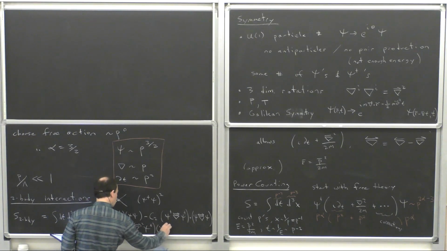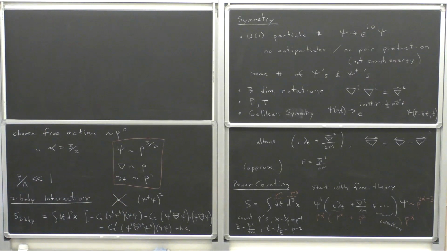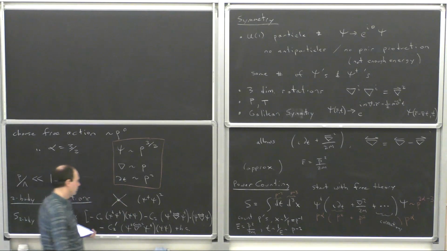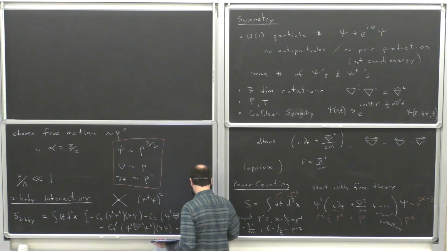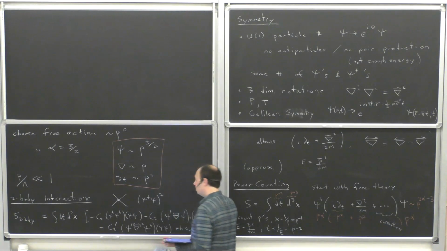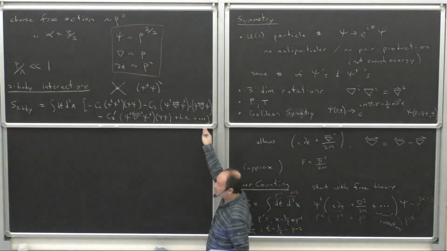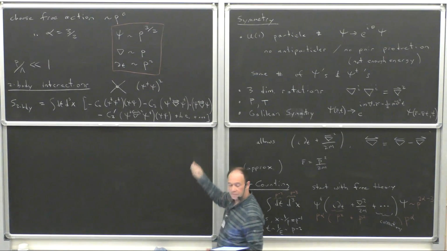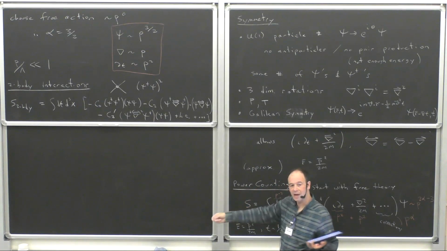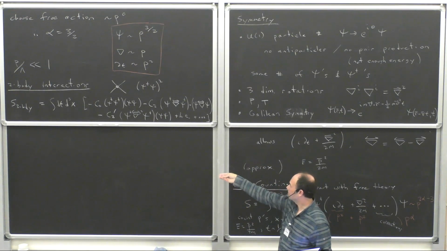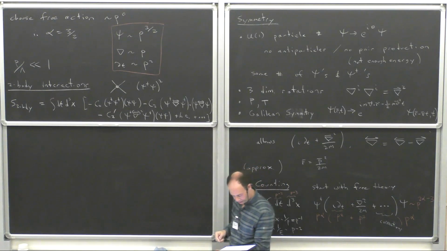And this is, of course, plus Hermitian conjugate. And then we can keep going: 4 derivatives, etc. Always an even number of derivatives, just to dot the spatial indices together. So these are contact interactions, short-range interactions. They're called two-body because we have 4 psis. We haven't gone to higher numbers of psis, we've just gone to higher number of derivatives. The series goes on forever in the number of derivatives.